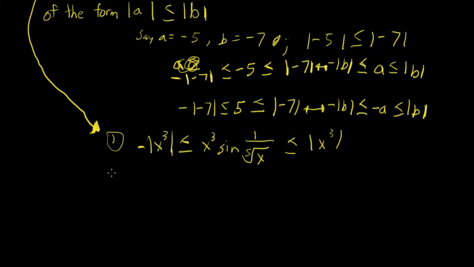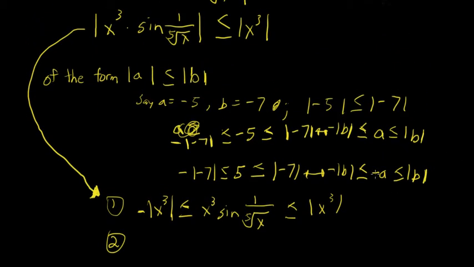But we can also draw the same conclusion about -A. -A here would be negative x cubed times sine of 1 over the 5th root of x.